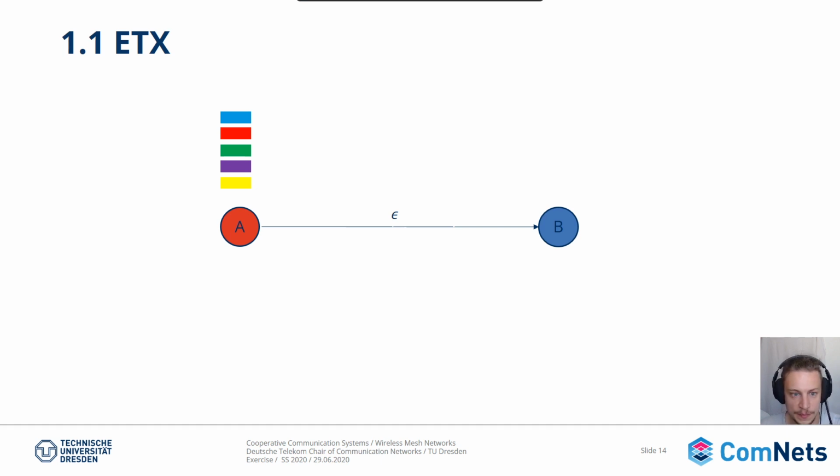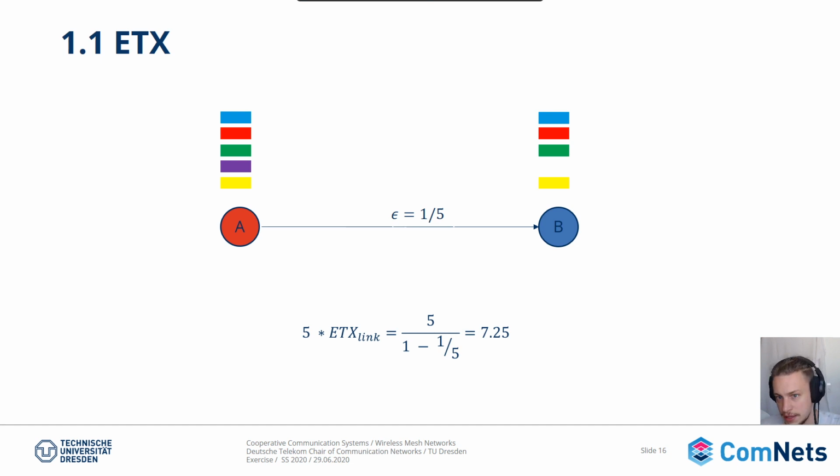And so if A transmits 5 packets and we have an exemplary packet loss probability of 1/5, it could be the case that this lilac purple packet gets missing. So in order to have 5 packets received at B, A would have needed to transmit 7.25 packets. So of course 8 packets to be sure.